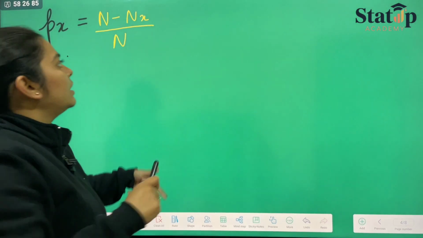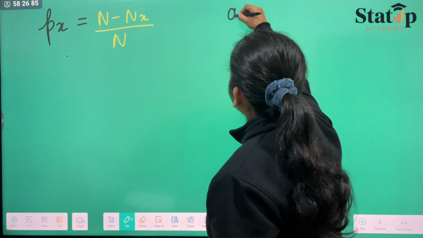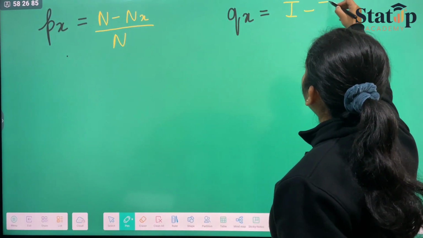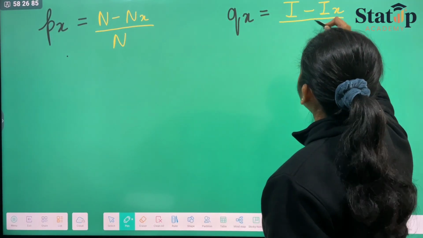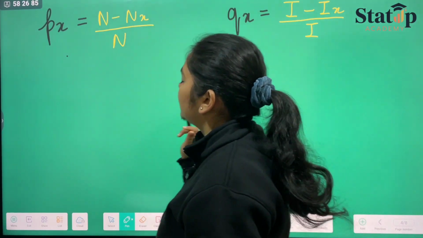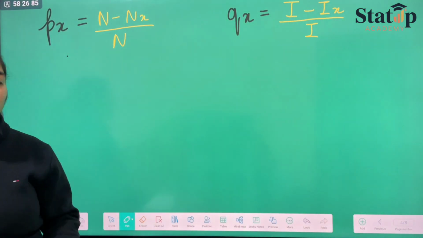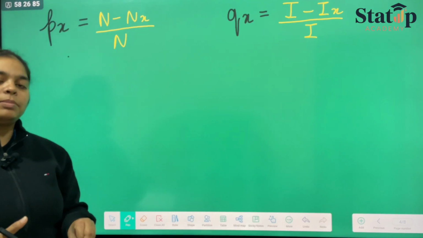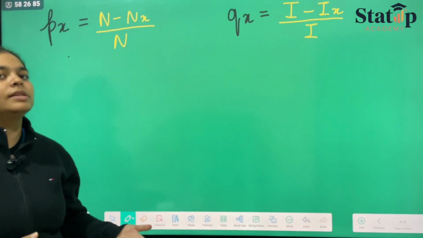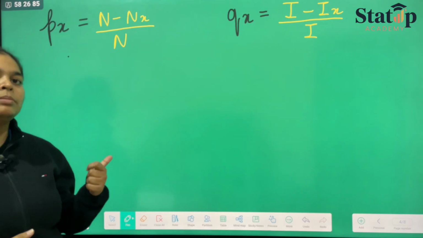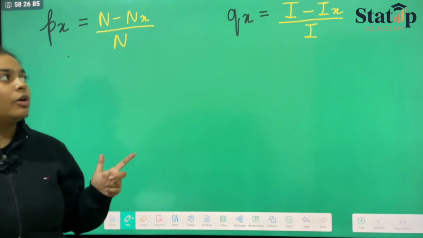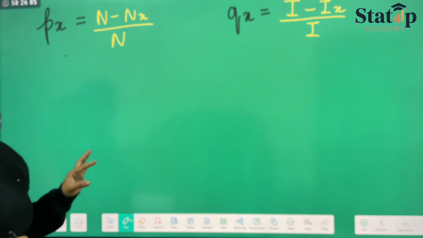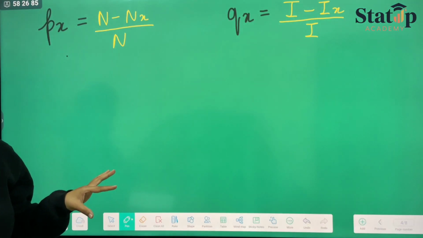Similarly, Qx is nothing but I minus Ix upon I, where the income of people having income less than or equal to x can be determined by total income minus total income of people having income greater than or equal to x. These two terms I hope are clear with you all.